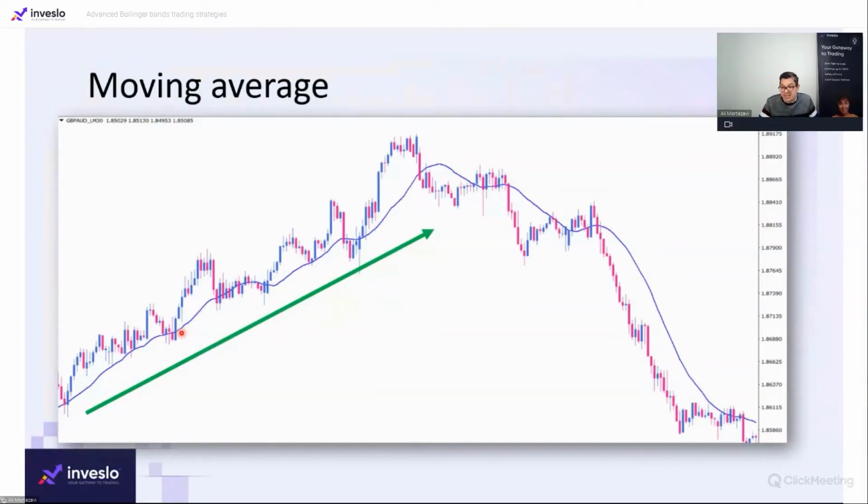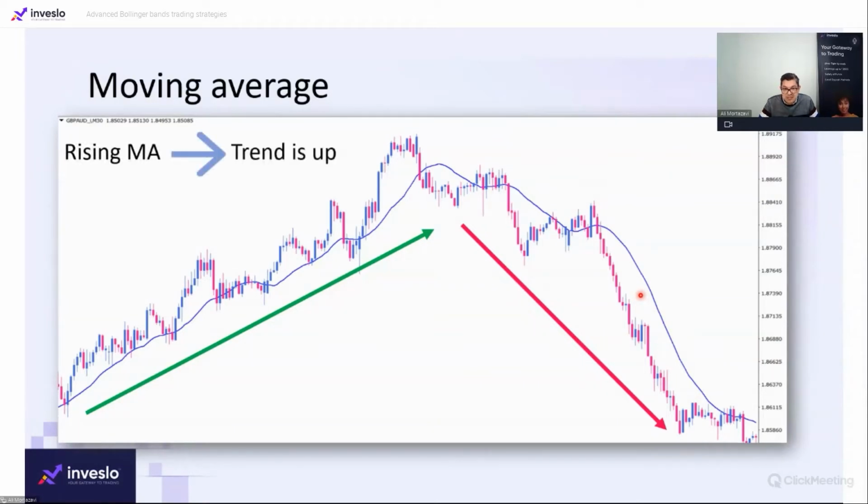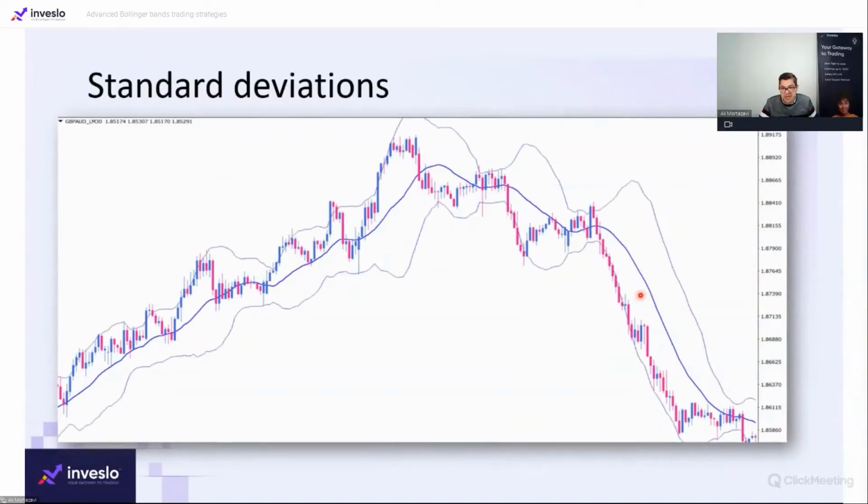And when the average is falling, as you can see here in the continuation of this downtrend, it has a negative slope right here. We say the trend is down. Okay, so that's it. Rising MA means trend is up, falling MA means trend is down. This is the only objective that we have from using this moving average.